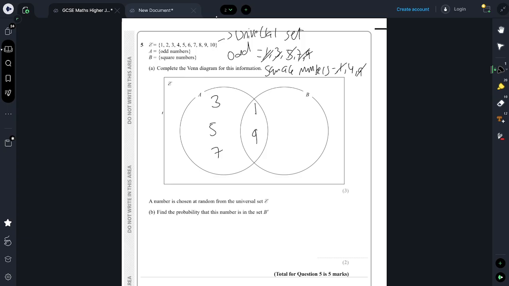And the only square number that isn't odd is 4. That's the only one on the list left. So that's the idea with Venn diagrams. Look at the intersection and then work your way outwards. Look at what's in both of them, what numbers fulfill both of these requirements, go in both, and then look at the numbers that are only in one of the lists, and then cross them out.